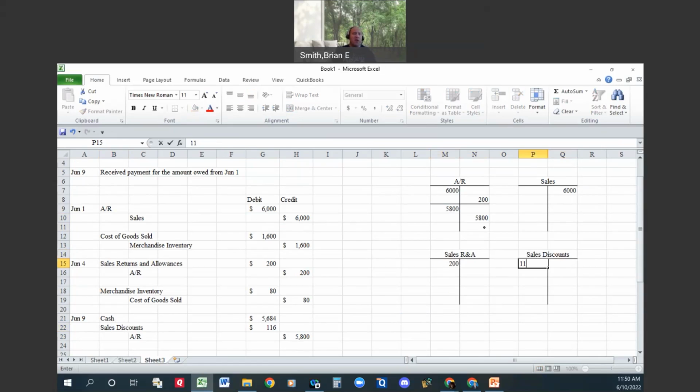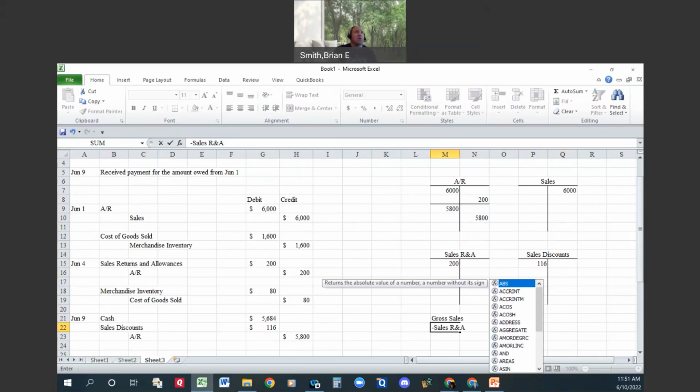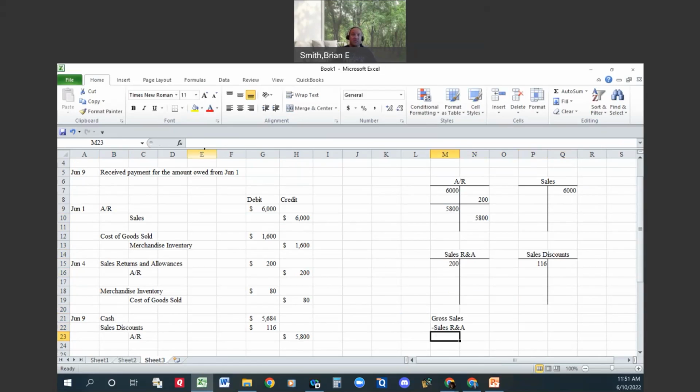So when we come over here to calculate our net sales, it's going to be gross sales minus sales returns and allowances minus sales discounts equals net sales.